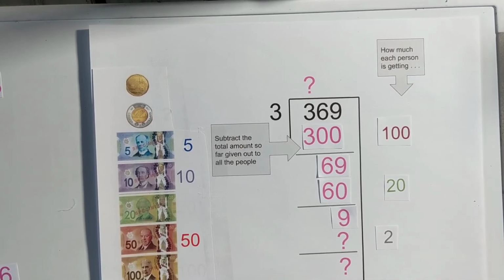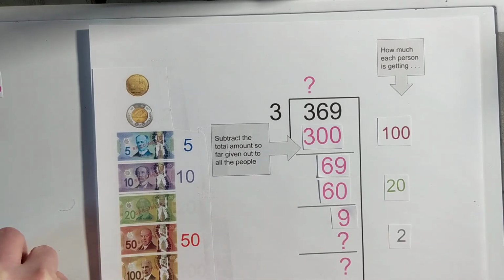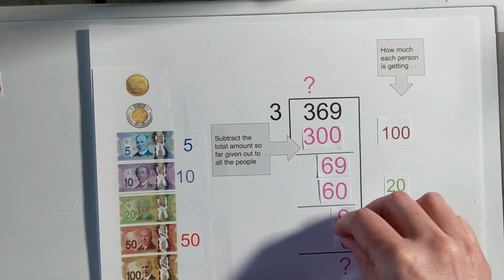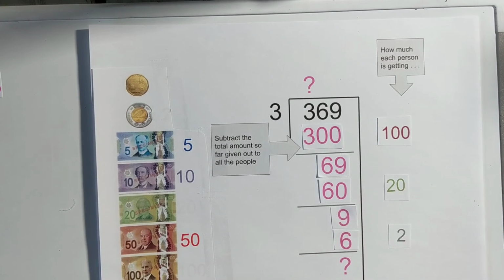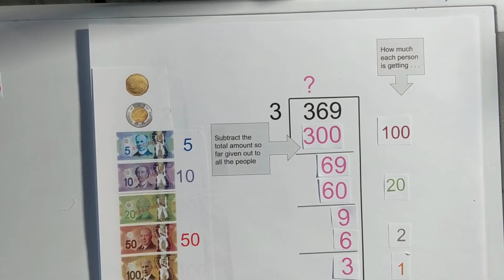Or you could say, I'm going to give 2 to each person. And if you gave 2 to each person, then you'd be giving away a total of 6. Okay, and so then you'd be left with 3 ones to give away, which would then just be giving $1 to each person.